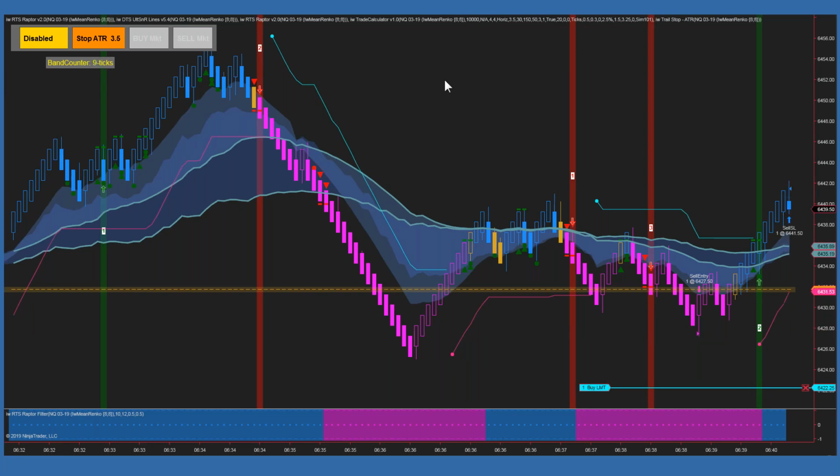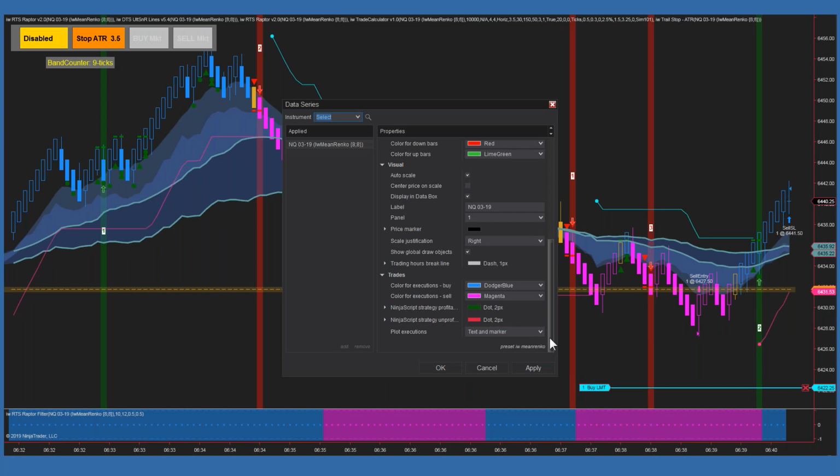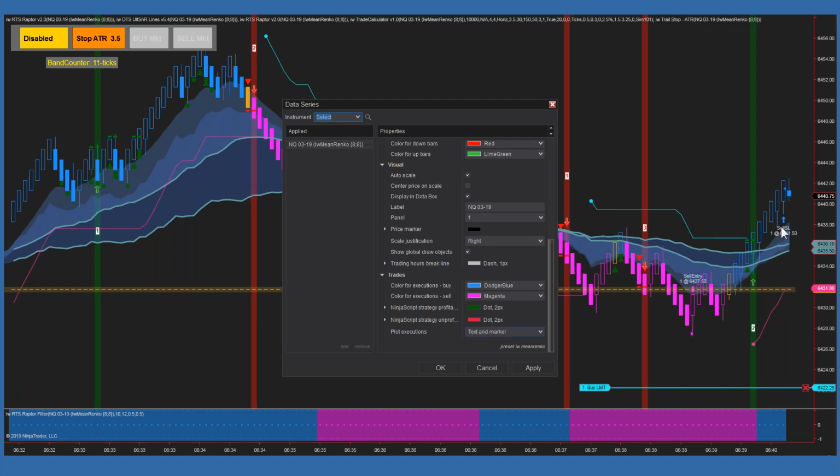All right, hold on. Let me get rid of the text and marker. So if you don't like these orders to plot, the text and marker, right click on your chart, select data series, and then down here where it says plot executions, what you want is do not plot.